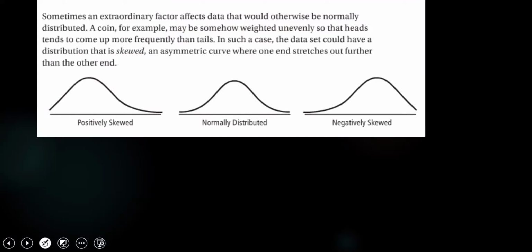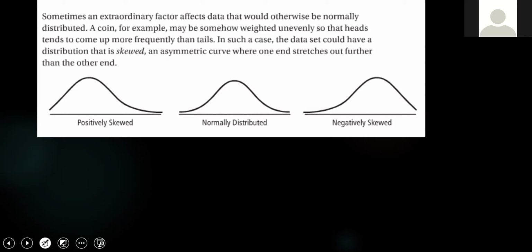Like a coin that is weighted unevenly, weighted more than the other coins, so the heads tend to come up more frequently than the tails. In this case, the data will not be normally distributed; it will be skewed to the right or to the left.